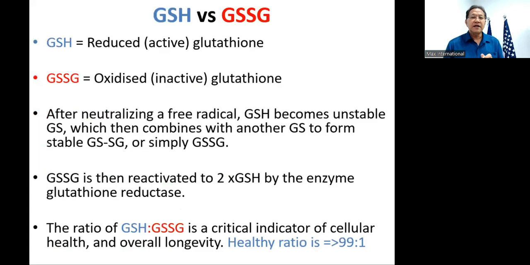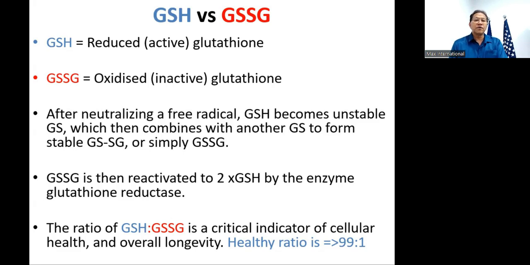Okay. Now I need to explain about the difference between GSH, which is the active or reduced form of glutathione, and GSSG, which is the oxidized form of glutathione, so that later on in the future slides, you understand what I mean by GSH and GSSG. So GSH is the reduced or active form of glutathione. So when glutathione has done its work as an antioxidant, then like all antioxidants, they all become free radicals themselves.